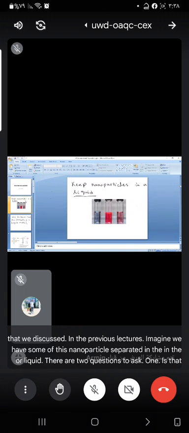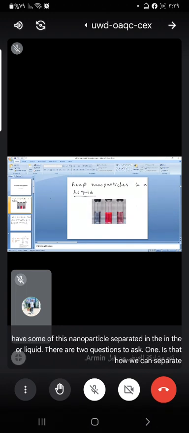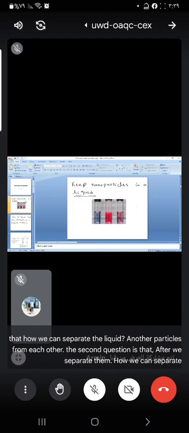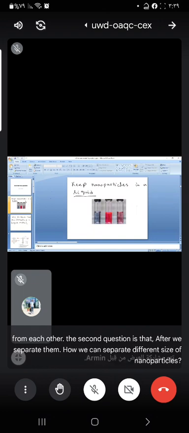One is how we can separate the liquid and nanoparticles from each other. The second question is that after we separate them, how we can separate different sizes of nanoparticles. Okay, these are two important issues.